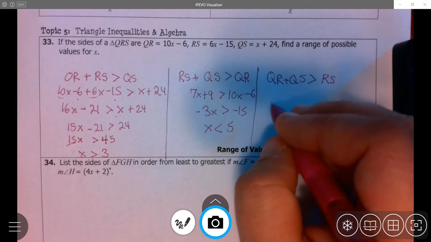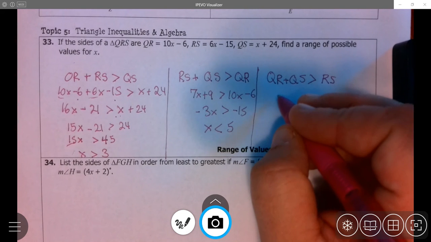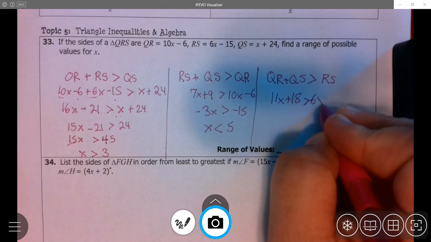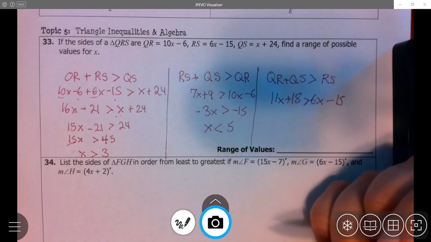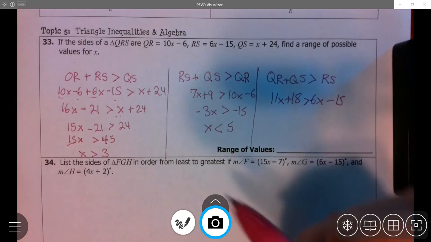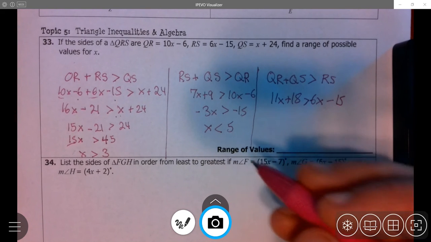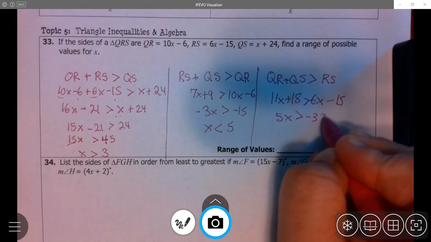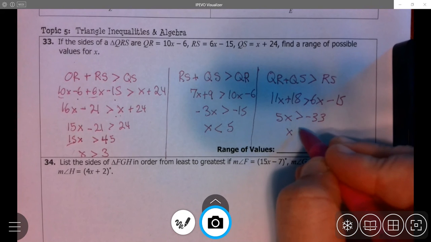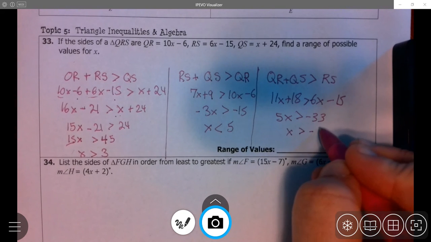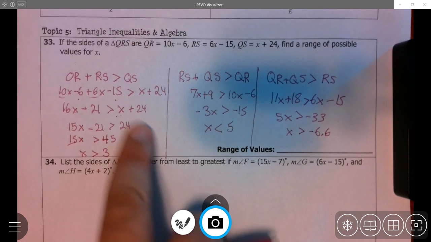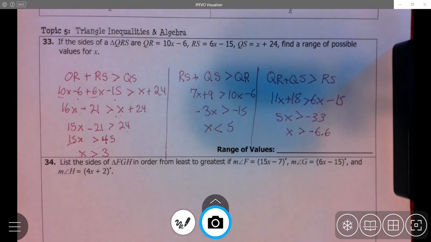Again, I'm going to write this as combined terms. 11x plus 18 is greater than 6x minus 15, which when you subtract 6x and subtract 18, you're going to end up with 5x is greater than negative 33, and x is greater than negative 6.6. Okay, biggest thing that you might mistake algebraically here is don't forget to flip your sign. Then we're going to be looking at the range of values.